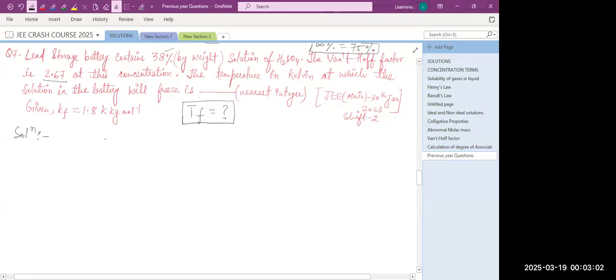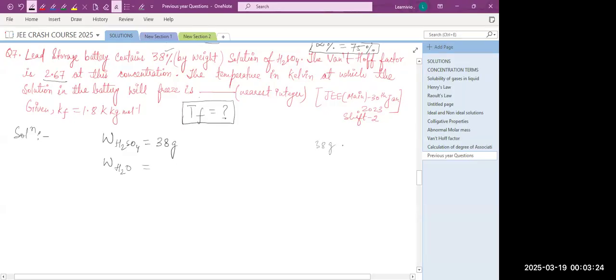Okay, see what is given here. We have the weight of sulfuric acid, which is 38 gram, because a 38% solution is given. So 38 gram of H2SO4 is dissolved in how much water?